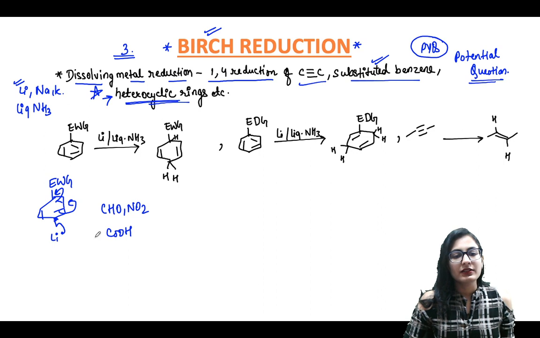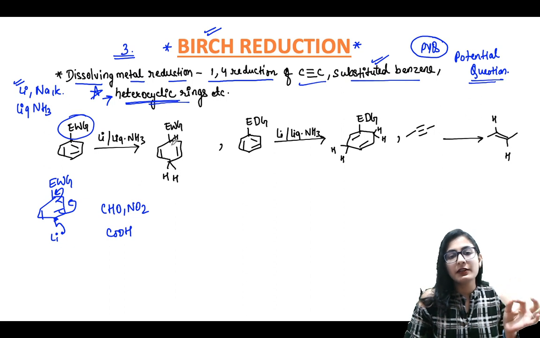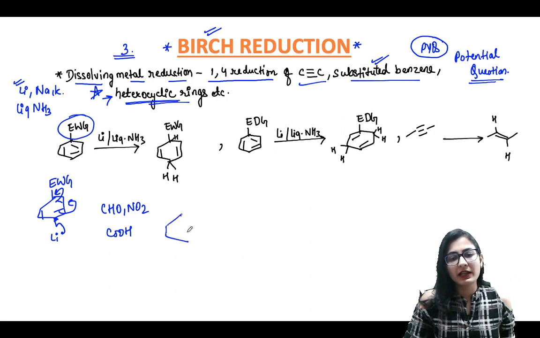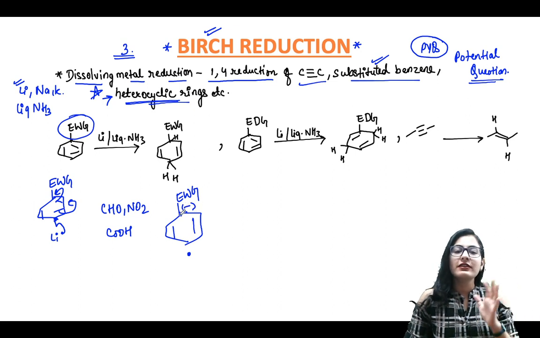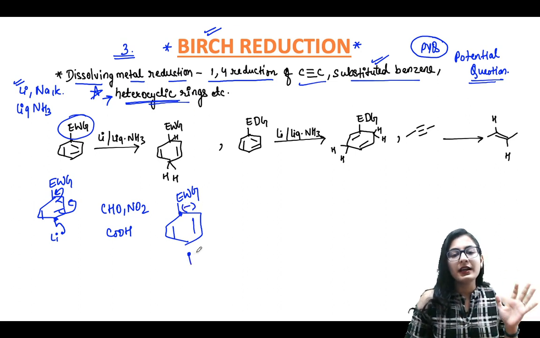So it is going to reduce the ring having the electron withdrawing group in this manner, 1,4 reduction. Why is it always 1,4? Because we need to keep the radical and the negative charge as far apart as possible, since they are electrons and they are going to repel each other. That's why we have to keep them as far apart as possible.